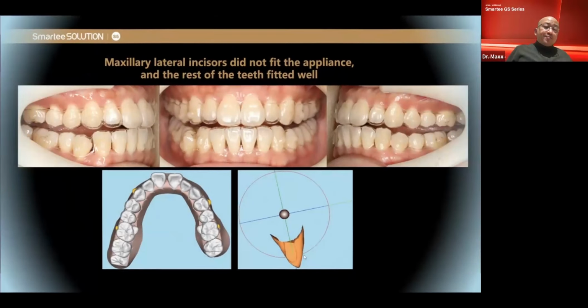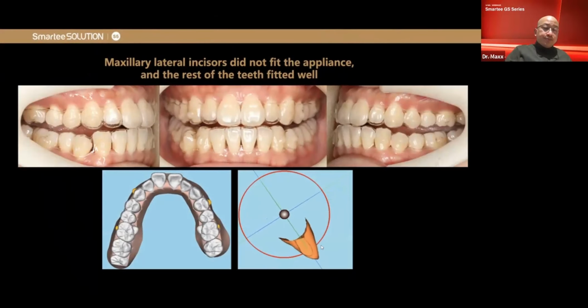With the proclination of the lateral incisors, we find that the maxillary lateral incisors do not fit the aligners, but the rest of the teeth fit so well. So why? What's the problem? Why only two teeth are not fitted so well? Because of what?